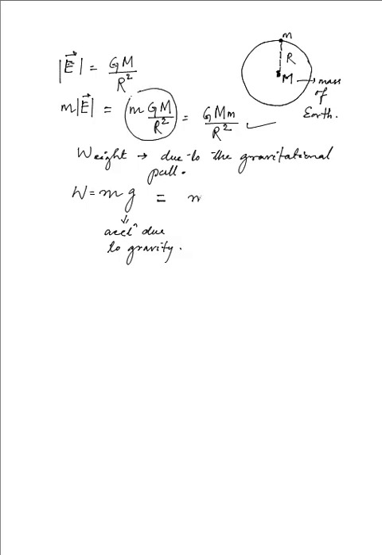m times GM divided by r squared, and if you are comparing both of them, the m's can get cancelled out. So what we have is that the acceleration due to gravity is nothing but the gravitational field intensity of the Earth on the surface. So that is what the acceleration due to gravity is.